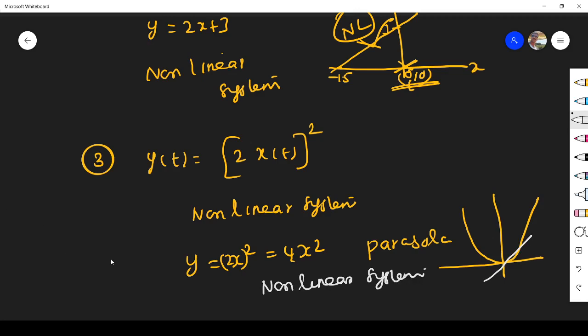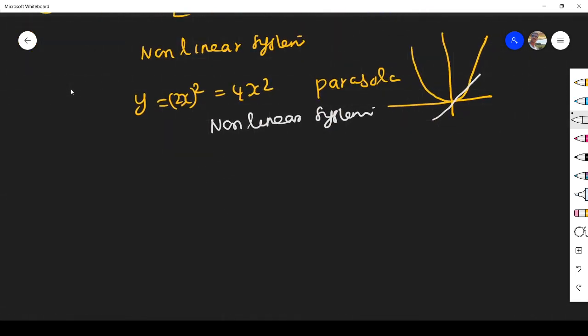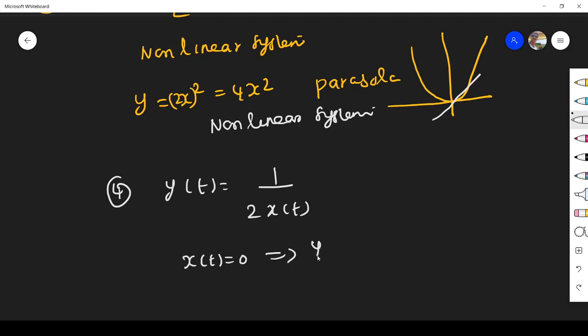Next, fourth one. y of t is equal to 1 by 2x of t. Here, how can we check whether it is a linear or non-linear system? It is also a non-linear system. Why? Again we apply the same principle. x of t is 0, input is 0, means output is infinity, that is an unstable system. Surely it is a non-linear system.